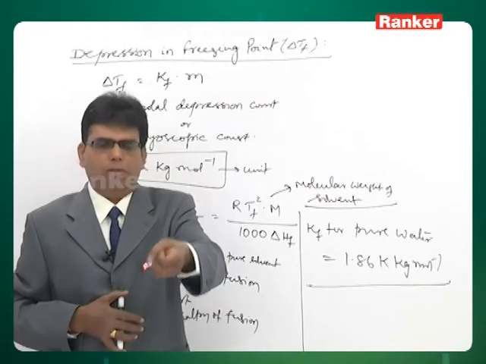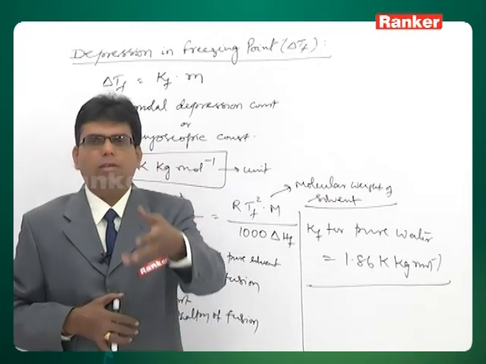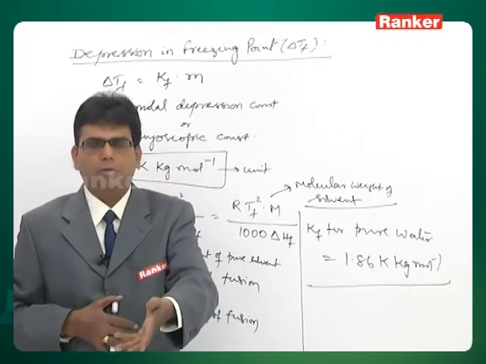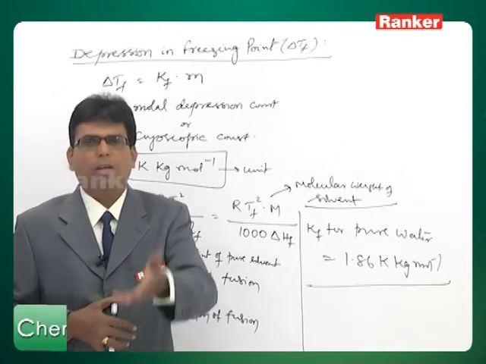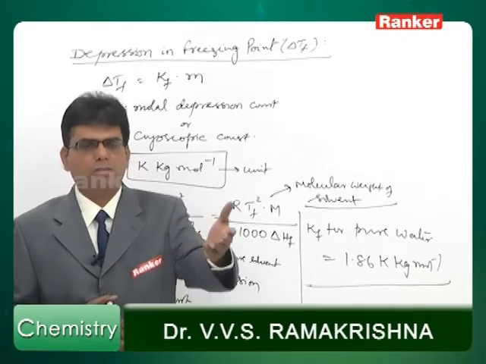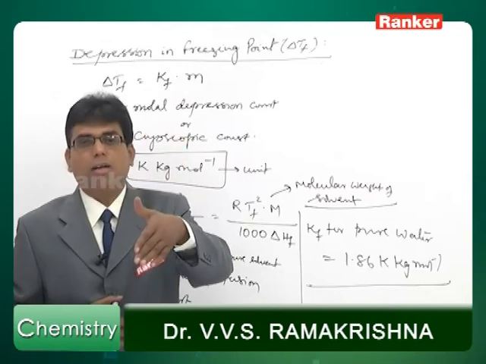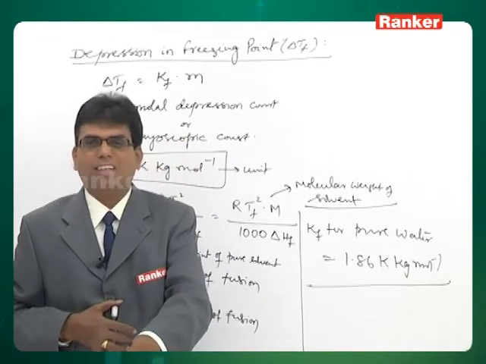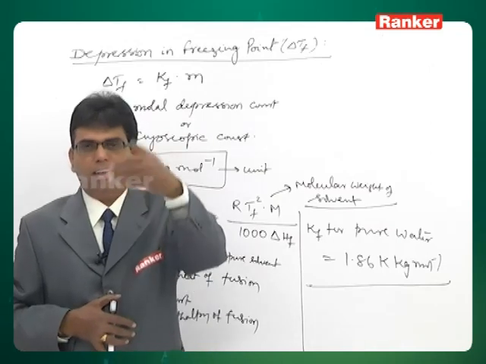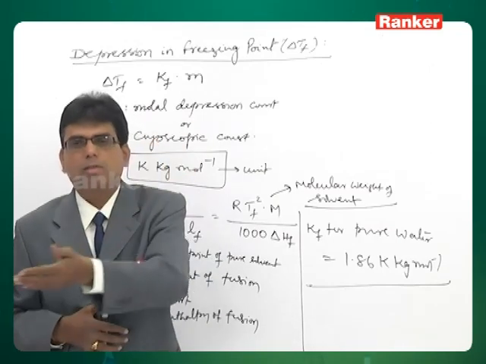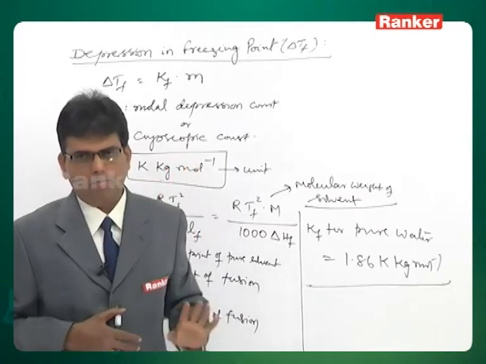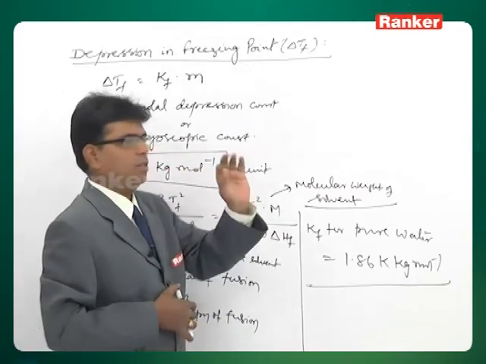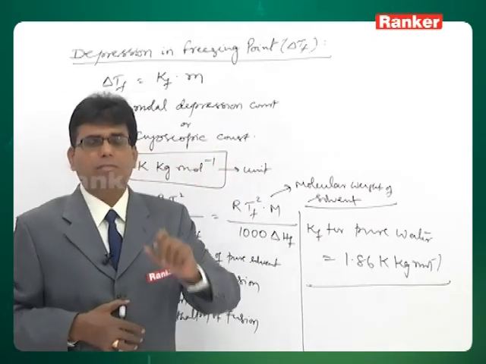When you add salt, you are adding a solute, a non-volatile solute. As a result, the freezing point decreases, so at that particular temperature, the snow will start melting. So this is the direct application of the depression in freezing point.